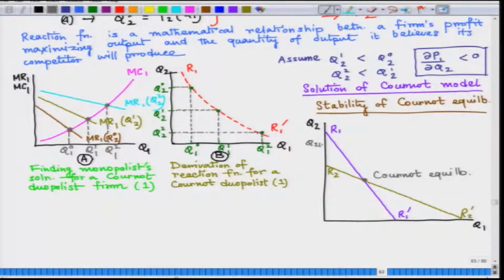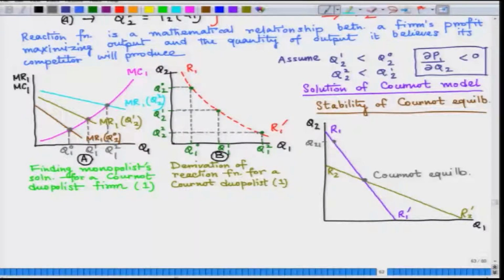Q21, okay. And if firm 1 assumes that firm 2 is going to set its output level at Q21, then firm 1 will refer to its reaction function and find out what quantity level it should produce.